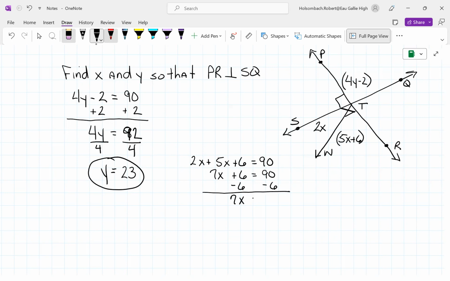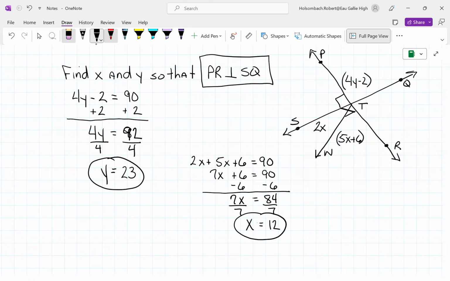Our 7x is going to equal 84. And we're going to divide by 7. And our x equals 12. So that's how we solve for variables so that two lines or segments are perpendicular to each other.